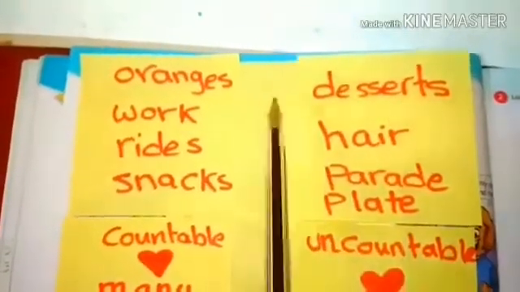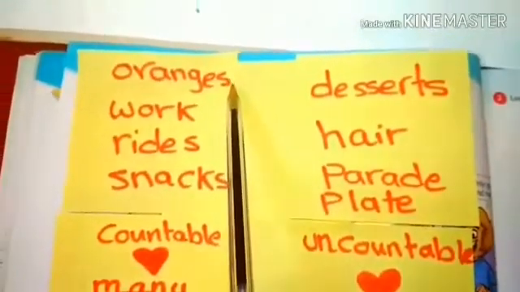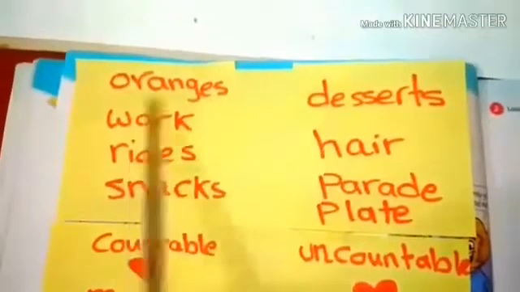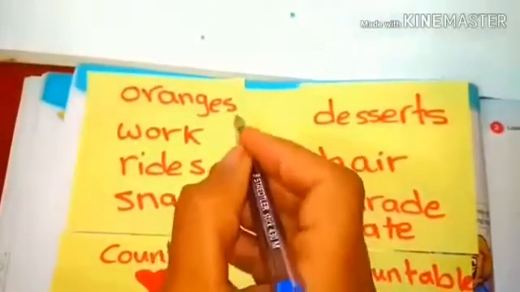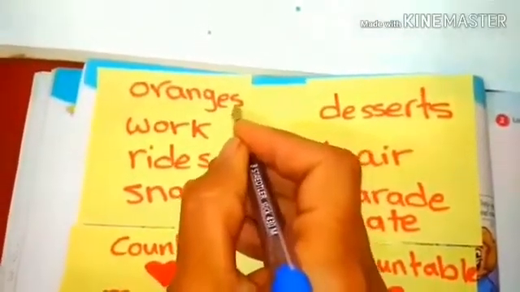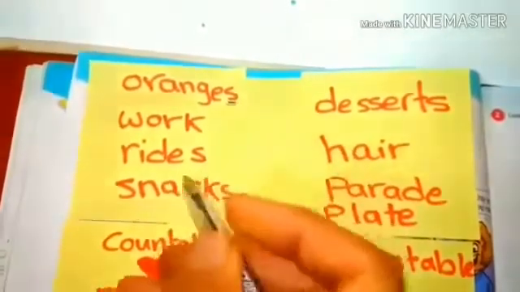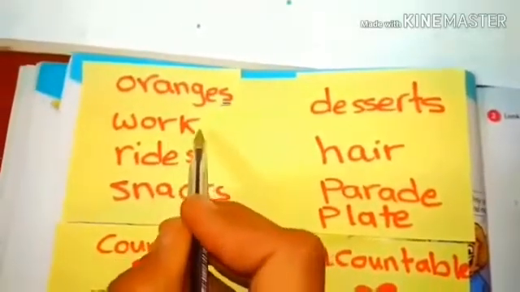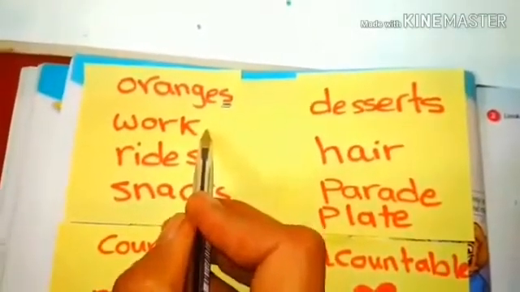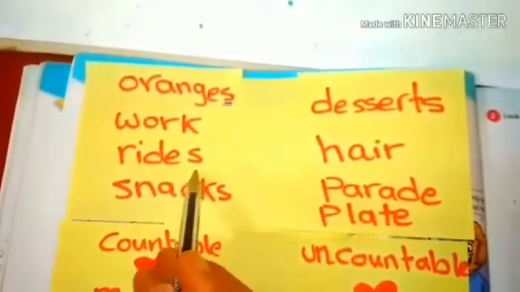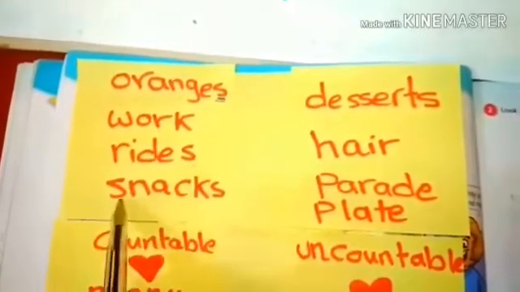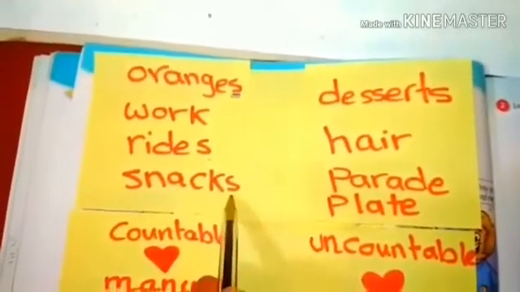And now we're going to check if the noun is countable or uncountable. Oranges, it's a countable noun. Work, it's an uncountable noun. Rides, it's countable. Snacks, it's countable.